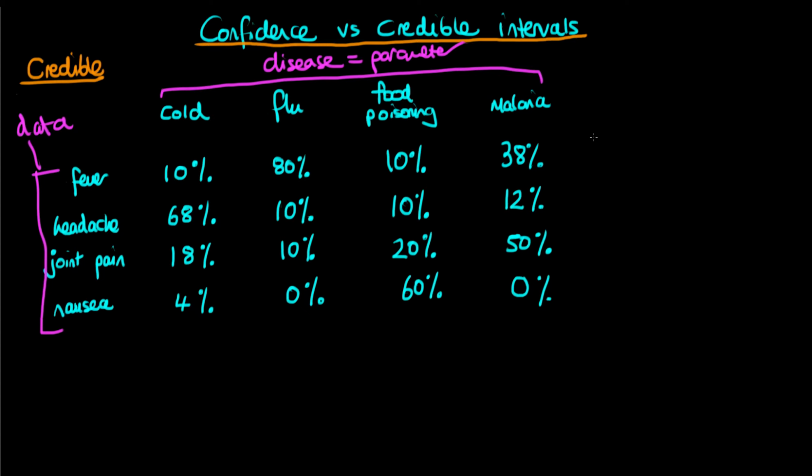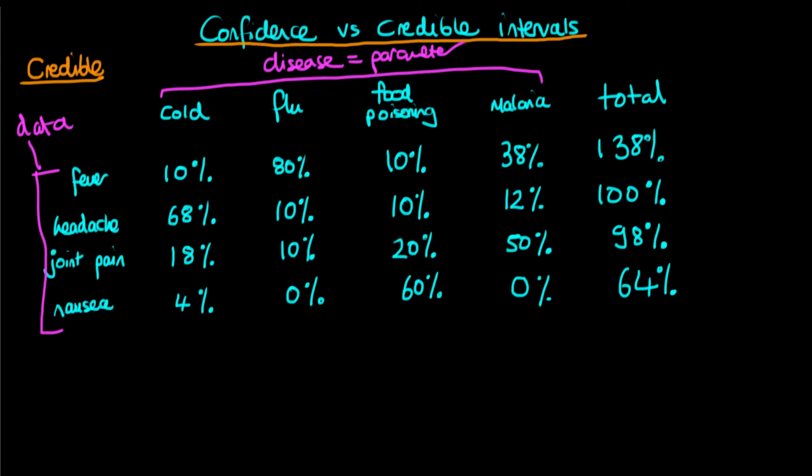So what we actually have to do is normalize our table. And the way we do that is by forming the row totals. So if we go through here, we get 138%. We, by chance, get 100% for the second row. We get 98% for the third row. And we get just 64% for the final row.